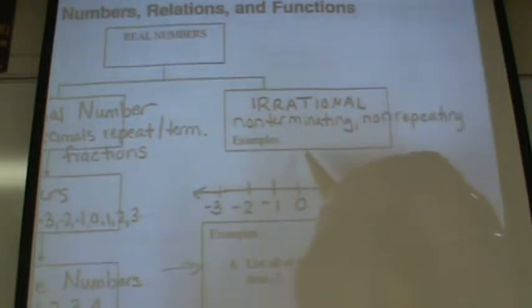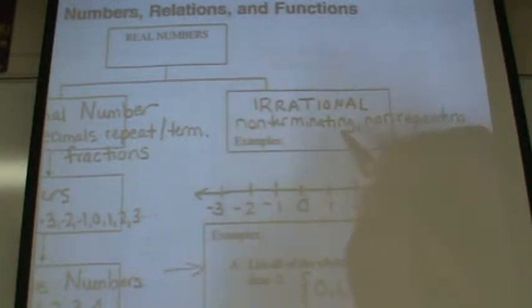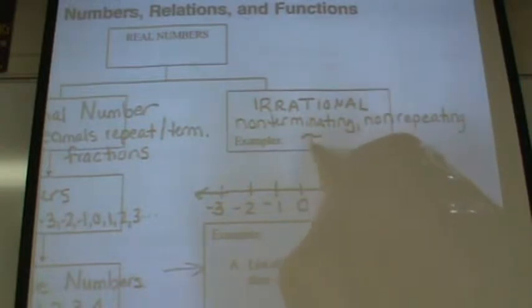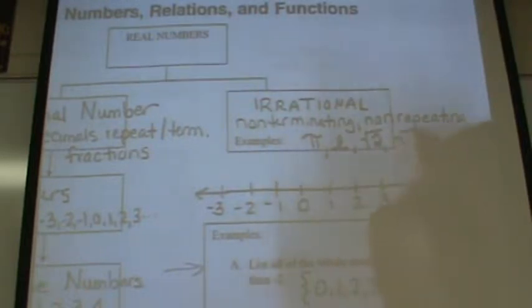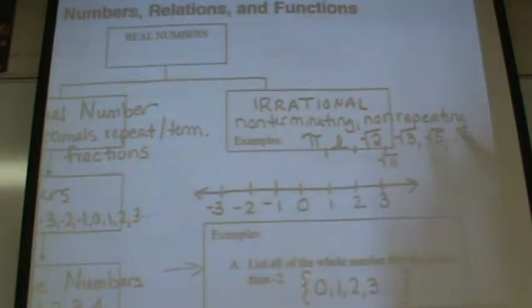Can anyone think of an example of a number that doesn't repeat, doesn't end, goes on forever? Pi, good, that's a good one. E is another one. Then we have the square root of 2, square root of 3, square root of 5, square root of 7, square root of 11.